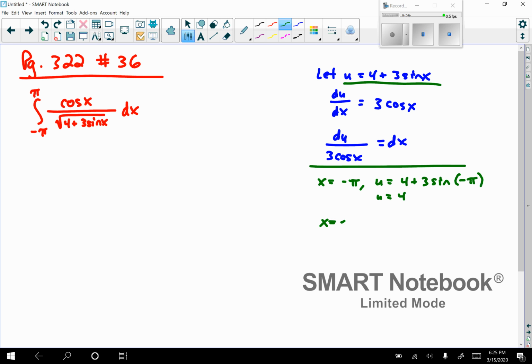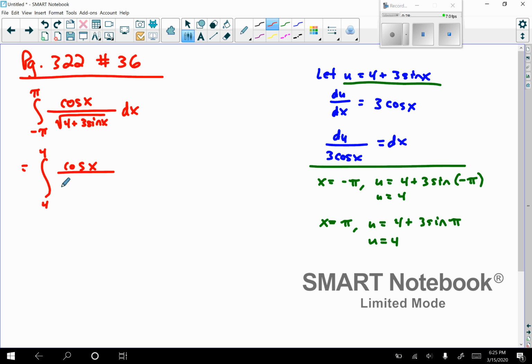And when x equals pi, the same result, u equals 4 plus 3 sine pi, which is going to equal 4. You're going to see the benefit of doing this now. So we're going to have the integral from 4 to 4, right?